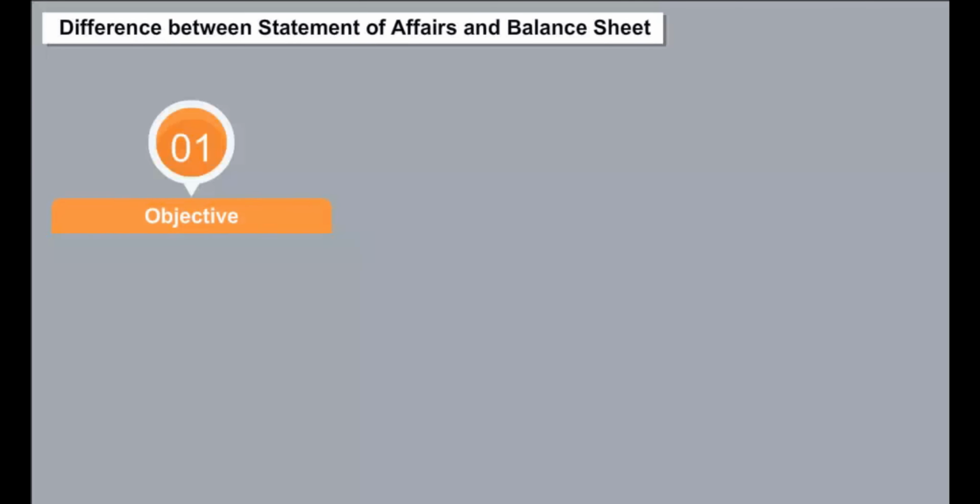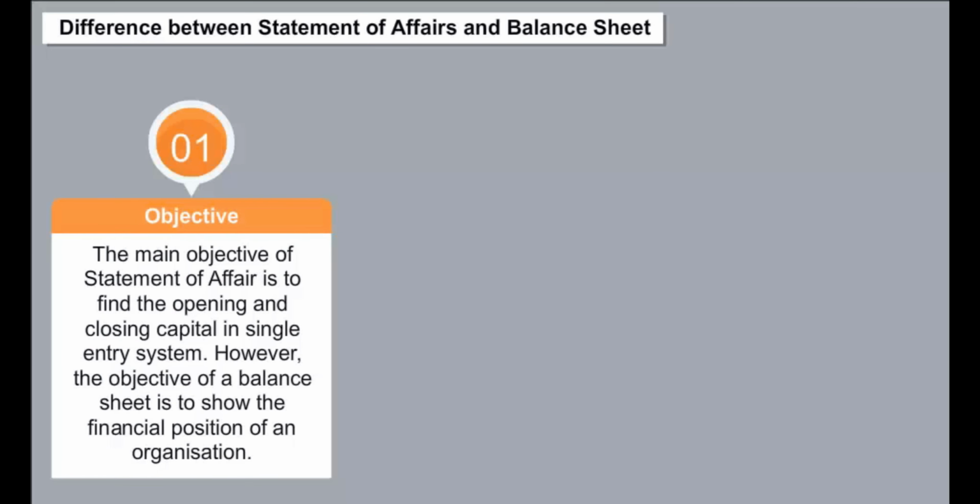Difference between statement of affairs and balance sheet. 1. Objective. The main objective of statement of affairs is to find the opening and closing capital in single entry system. However, the objective of a balance sheet is to show the financial position of an organization. 2. Omission.